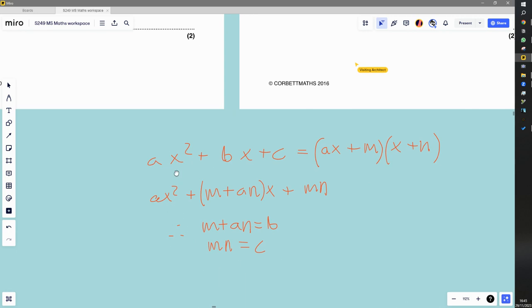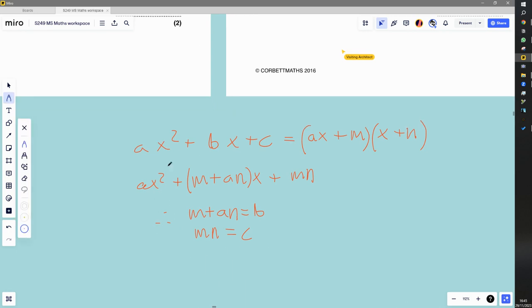So whether or not a is a prime number, for example, if a is 4, then you could have 2x times 2x. But I'm wondering if you just always do 4x times x. And so if you always rearrange it to this format, then factorizing it out would give you this. So therefore, m plus n would be b, and then m times n would be c.